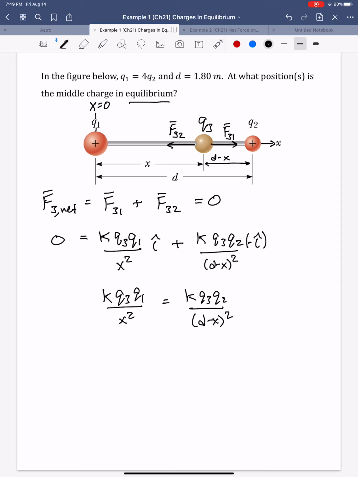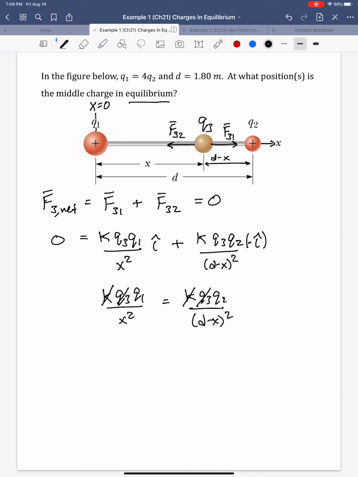I'll drop the unit vector notation for right now because we know they're both along this i hat direction, the x-axis. Now constants cancel out on both sides. k goes away, and the unknown amount of Q3 goes away too, which is good because the problem never specified a charge. That's another clue in these problems that you might not need that value if the problem doesn't state it.